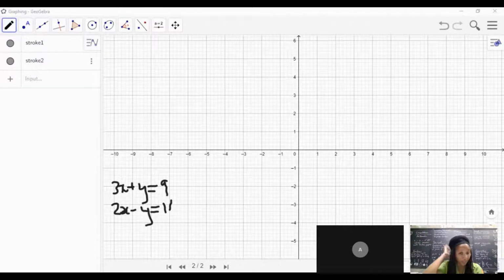So you could make either of those the subject of the equation and solve it like that. You could also use the elimination method, where you multiply each equation by the coefficient of the other corresponding term.